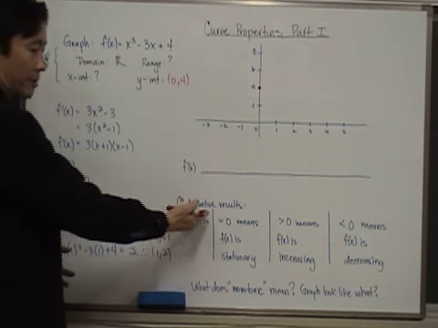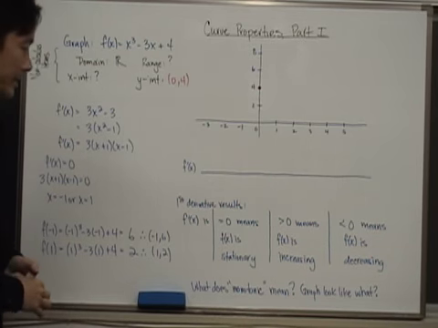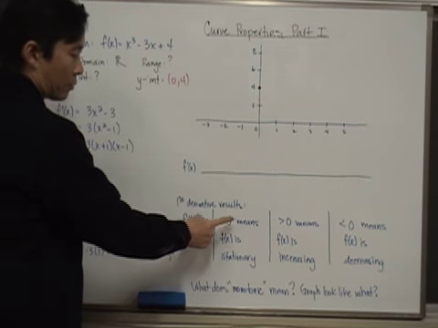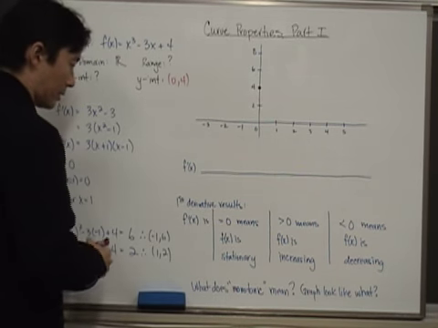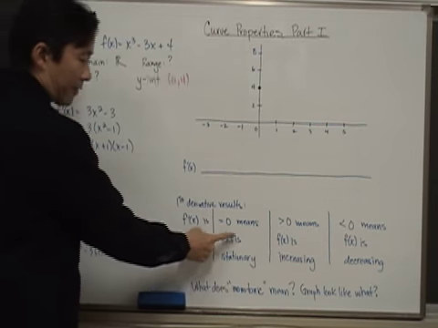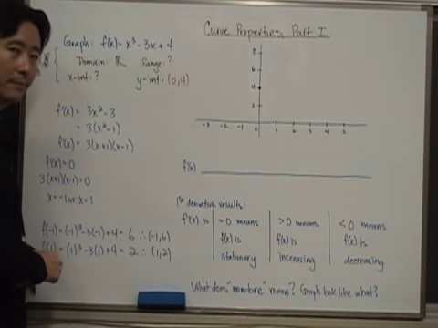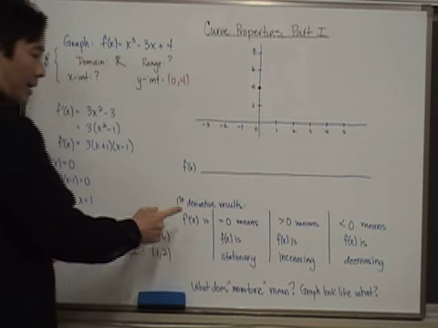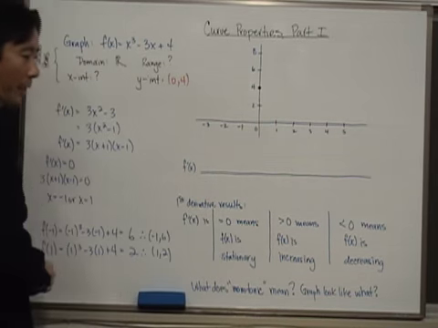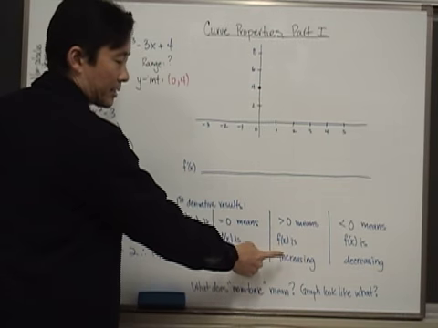Now, here are the first derivative results. It says that if f prime of x is equal to 0, this means that f of x is stationary. Okay? If f prime of x is greater than 0, this means that f of x is increasing.